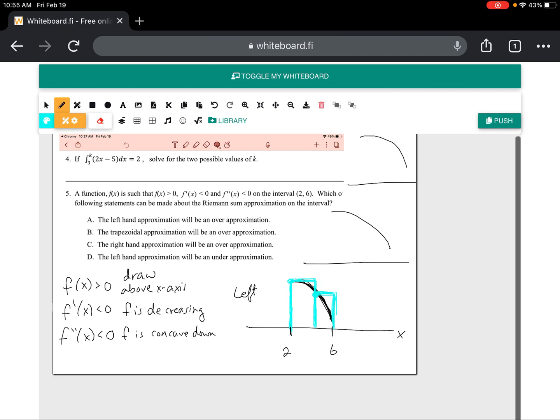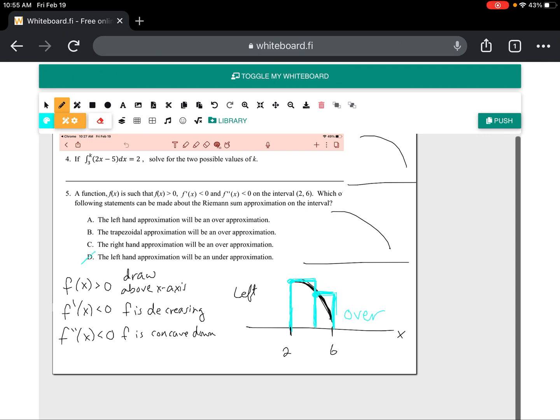Okay, for our 2 rectangles, is that an over approximation or an under approximation of the area that's under the curve? Over. Yeah, over, because there's extra area in those blue rectangles that's not underneath the curve.